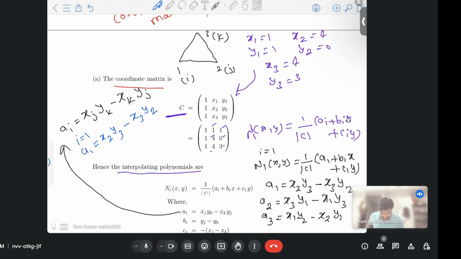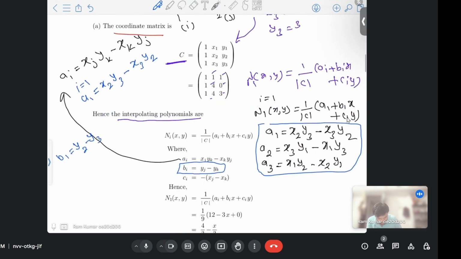Like this we write for all of them, so we get a1, a2, a3. Then b means bi is just the difference of the y coordinates. So b1 equal to y2 minus y3. In general, bi equal to yj minus yk. And this is for ai.